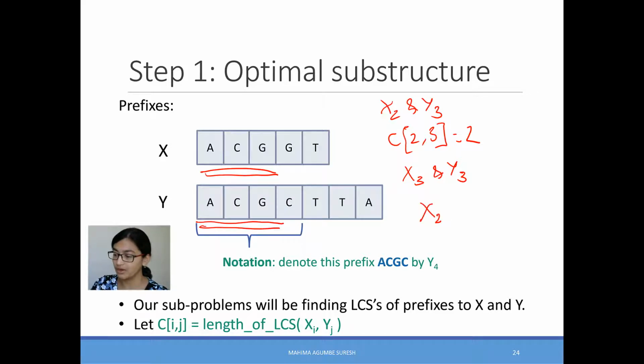We can also use it to find the longest common subsequence between x2 and y4, which is basically this part and this part. So that is where you have overlapping subproblems, meaning we can extend it either in the direction of x or in the direction of y and reuse this result to come up with the longest common subsequence for those strings.